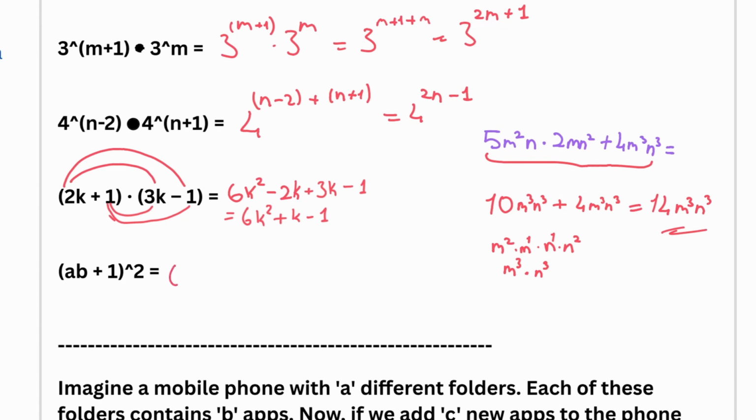Here we have (ab plus 1) squared. We can expand that as (ab plus 1) times (ab plus 1), right? That's the same thing. And now we can do the same thing that we just did and multiply each term, right?